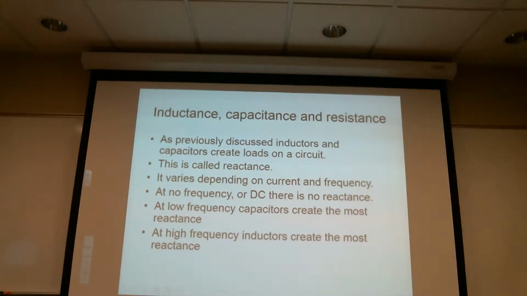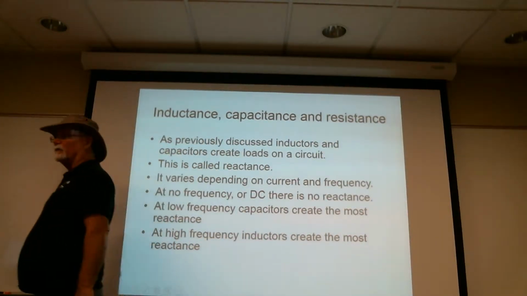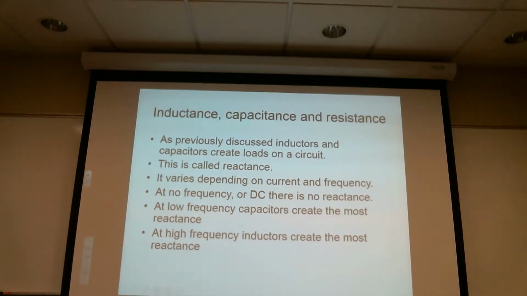The inductor, we said, doesn't like change. Its reactance or imposition to current flow will go up as frequency increases and go down as frequency decreases. So the two behave opposite of each other, which means the two can cancel each other. Okay? That in and of itself is pretty easy.